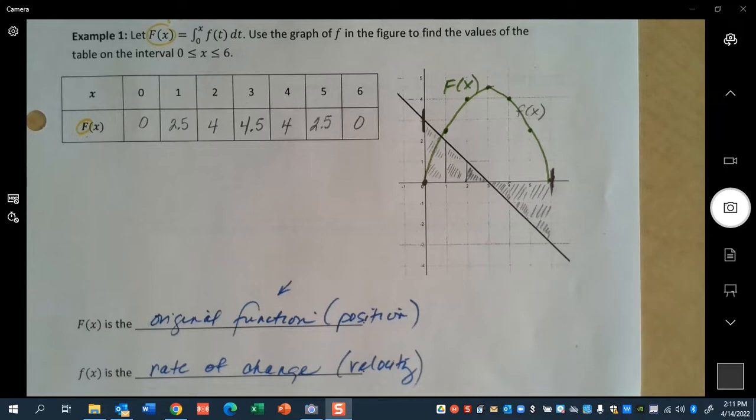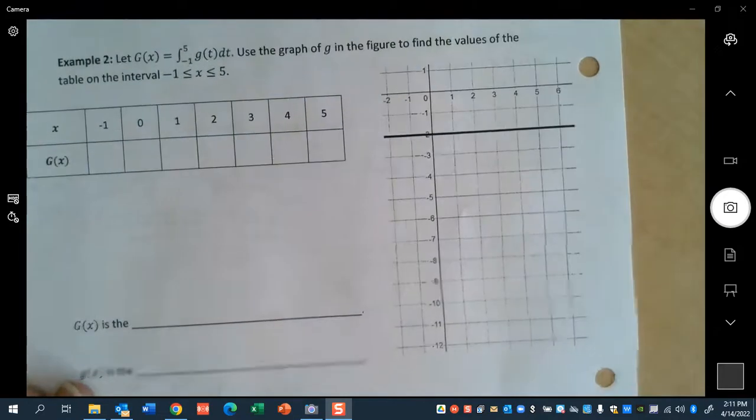Here's my rate of change at 0. And now I'm gaining speed, but I'm falling in a negative direction. Does it make sense to you that the derivative of a quadratic is linear? Does it make sense that the original function of a linear rate would be a parabola? So it's kind of cool when you see it that way. All right, on to the other side.